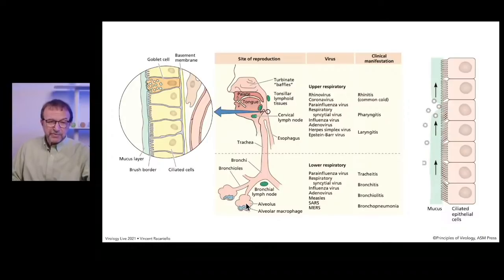When you start to reproduce in the alveoli, for example, that compromises oxygen uptake in a variety of ways. And these are some of the viruses that can cause lower tract infections, which we also give names like tracheitis, bronchitis, bronchiolitis, and bronchopneumonia, reproduction in the very lower reaches of the respiratory tract.